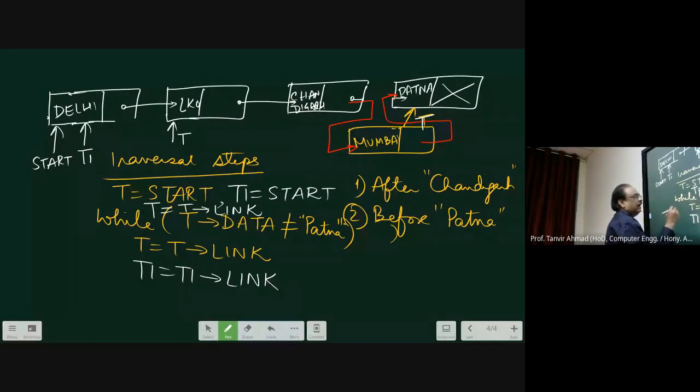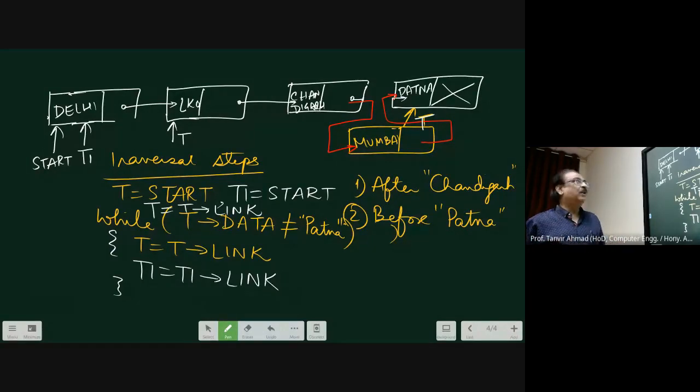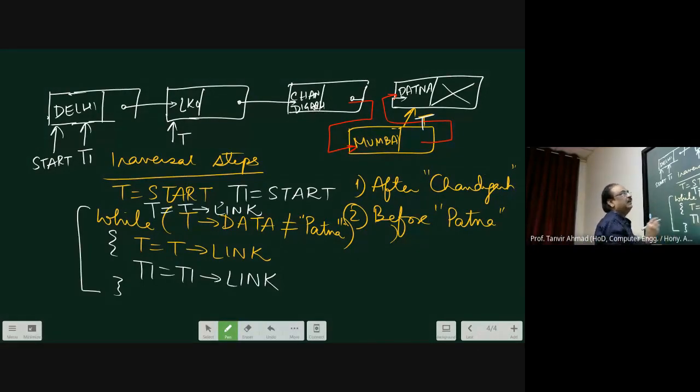Now if this is correct, I will move both. What will happen? Now T will point to the third node, T1 will point to the second node. T will point to the fourth node, T1 will point to the third node. That means when this traversal will end, T1 will point here and T will point here.